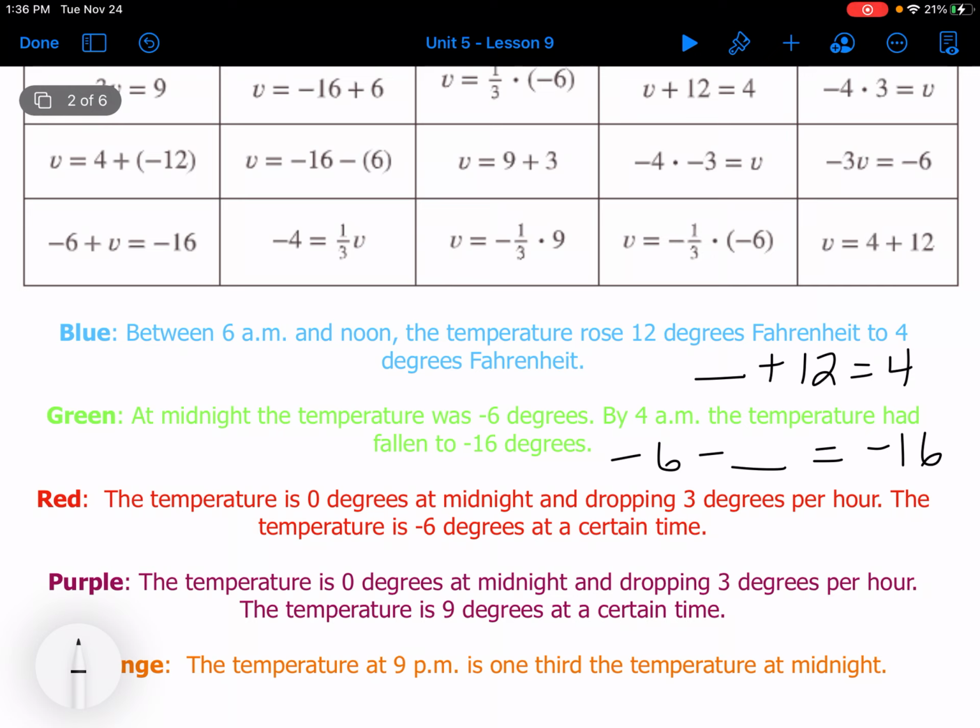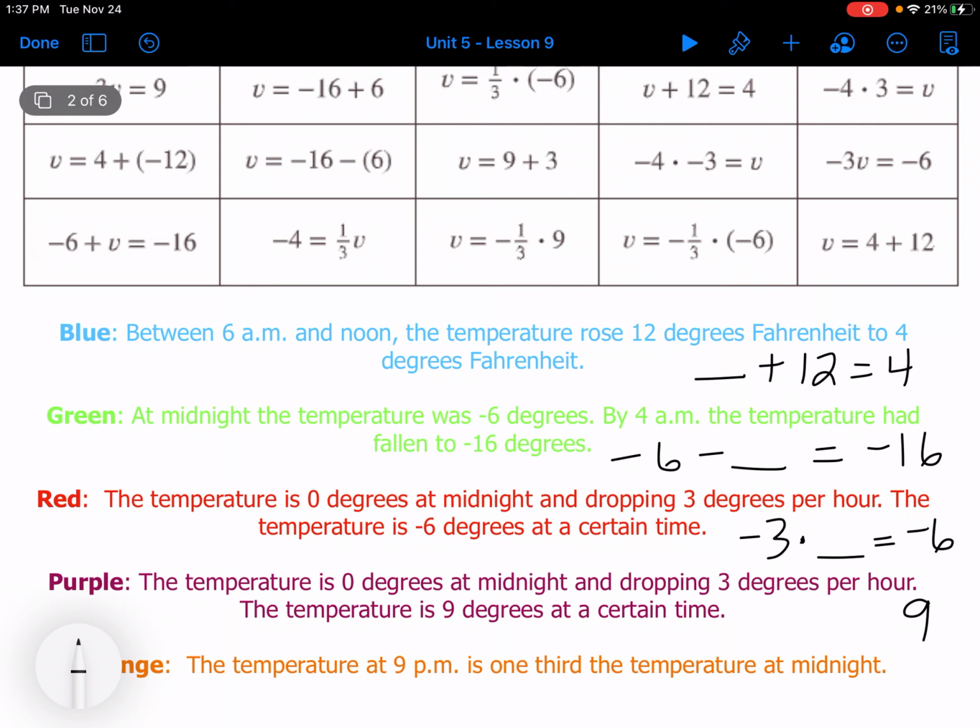The temperature is 0 degrees at midnight and is dropping 3 degrees per hour. The temperature is -6 at a certain time. So that would be -3 times something is going to equal -6. The temperature is 0 degrees at midnight and is dropping 3 degrees per hour. The temperature is 9 degrees at a certain time.